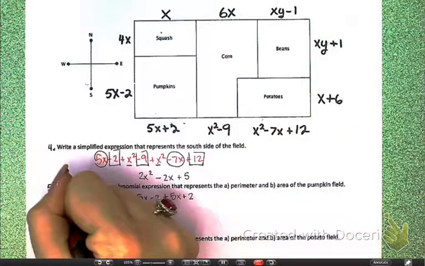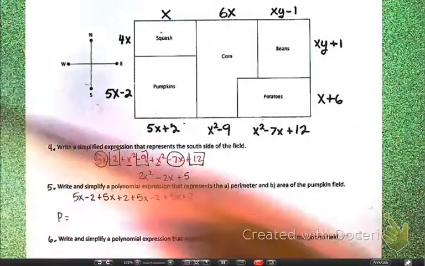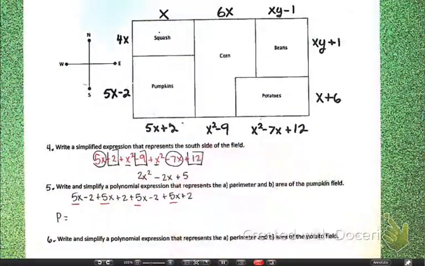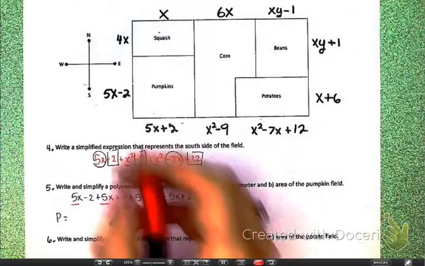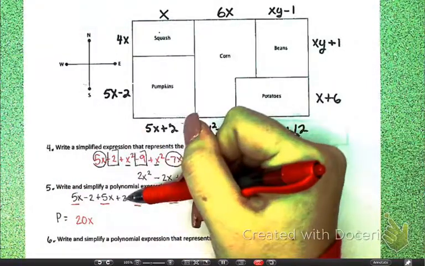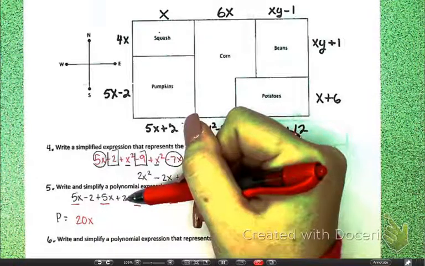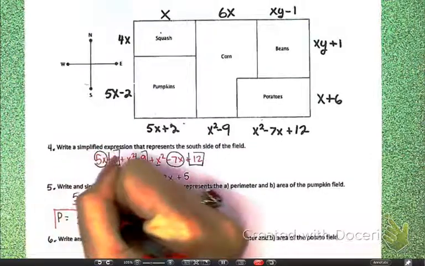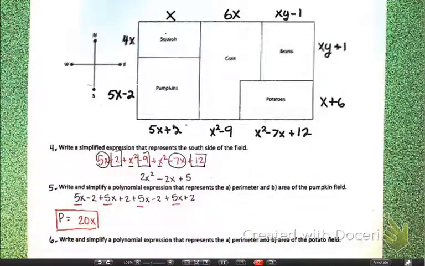Now I can combine like terms. So my perimeter equals 5x plus 5x plus 5x plus 5x, 20x. Negative 2 plus 2, 0. Negative 2 plus 2, 0. So the perimeter is just 20x.